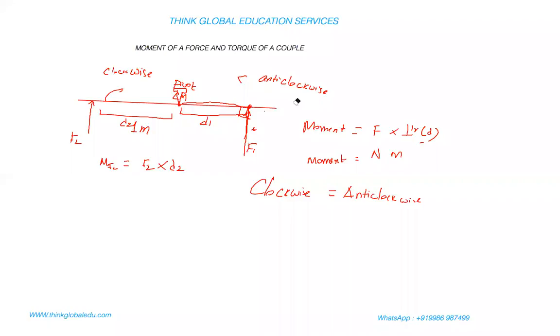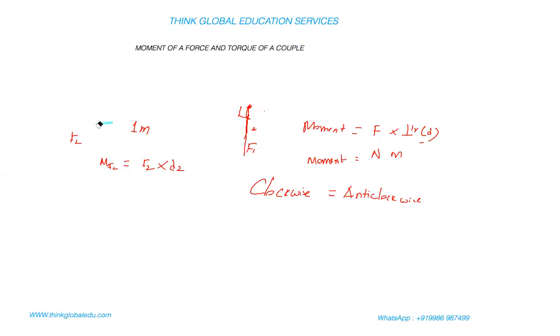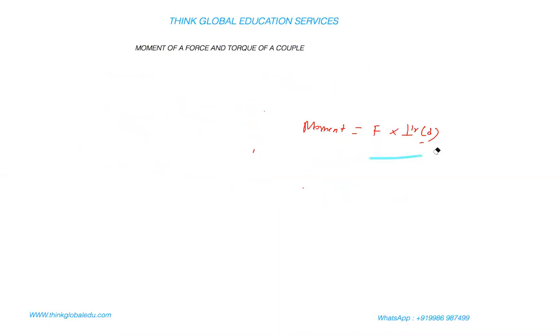Now we can discuss the torque of a couple. So first we can discuss a couple. As the word suggests, couple means two. So two is nothing but two forces here.